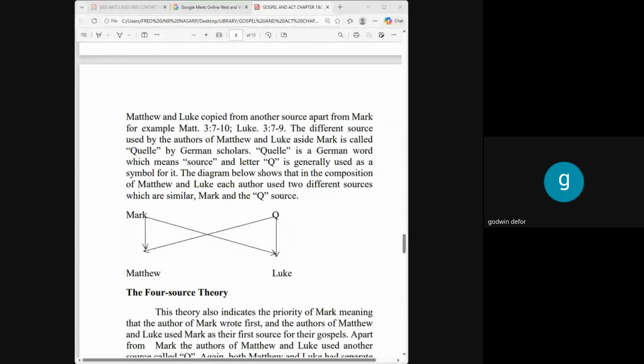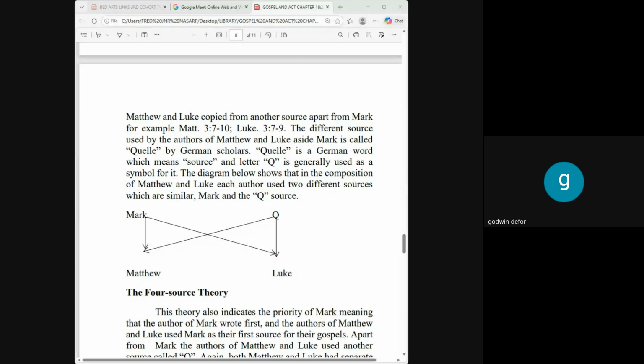And this Q source was not available to the author of Mark. So you cannot find the Q source in the Gospel of Mark, but you can find the Q source in both Matthew and Luke.